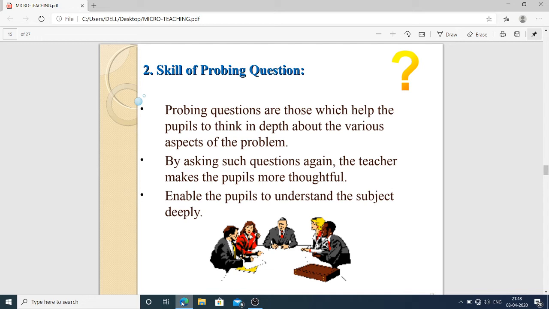These questions help the students to think about the topic.